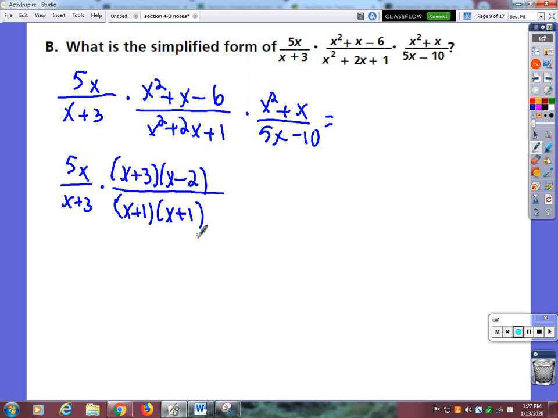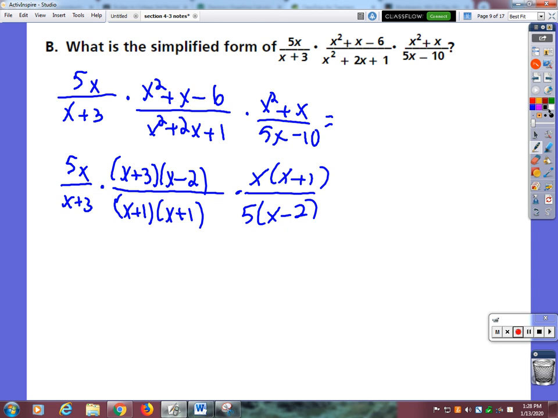Actually it's better not to leave it as x plus 1 squared, because it's harder to cancel with the exponent. And the last two, what can I do with that? Factor out the x, so x times x plus 1. And then on the bottom, we can factor out a 5. Now we have that completely factored as far as it will go.